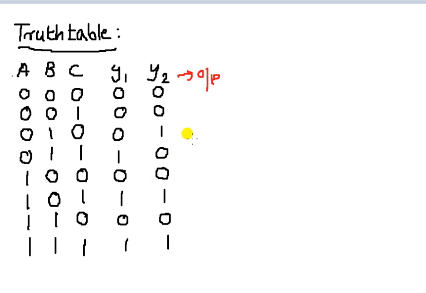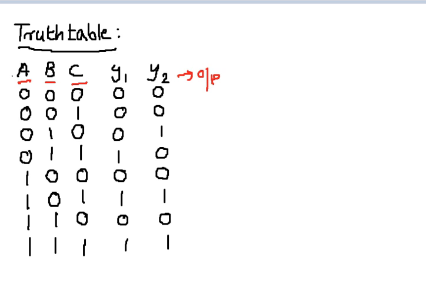For that, we use a K-map for finding the Boolean function from this truth table. Here we have three variables A, B, C as inputs. So we have to use a three variable K-map for simplifying this truth table into the Boolean function.